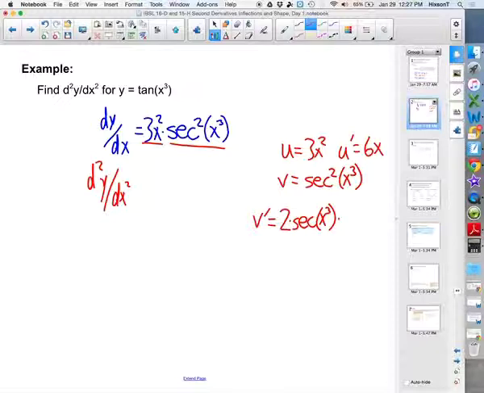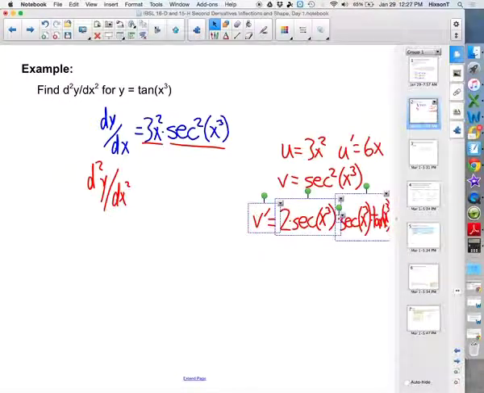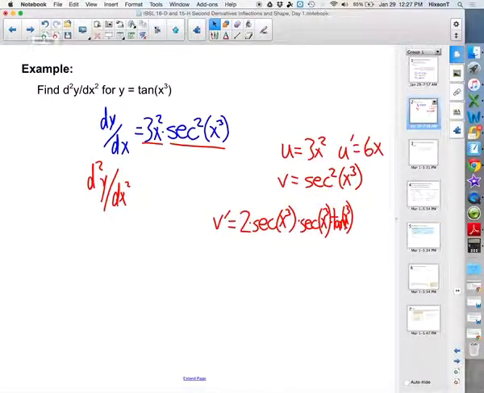Now we have to do the derivative of the secant of x cubed. The derivative of secant is secant times tangent. Yes, both of x cubed, because when you're doing the outer function, the inner function stays the same.